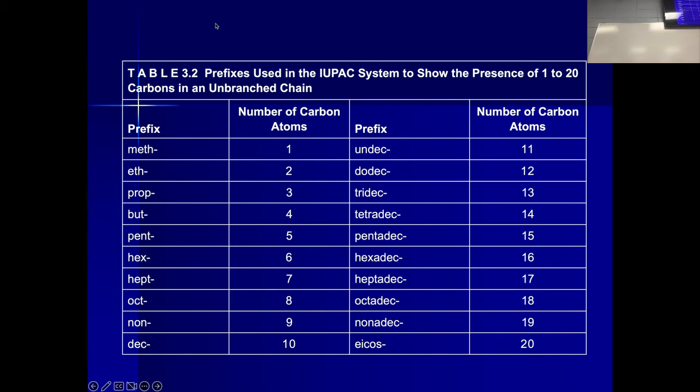CH3, that's all that's attached, right? CH3 is one carbon atom, so it's going to be a methyl group. It looks like methane minus one hydrogen, it's a methyl. So this is methylbutane. Okay?